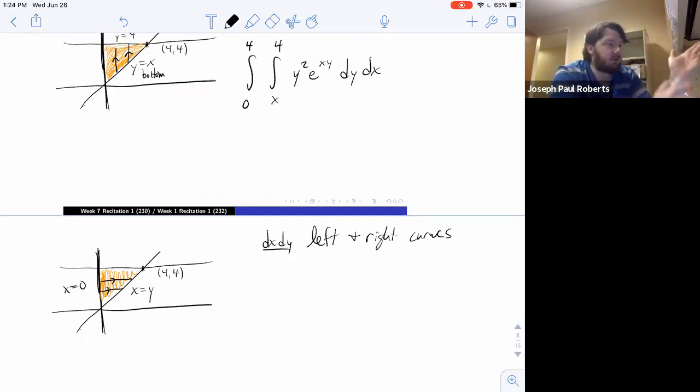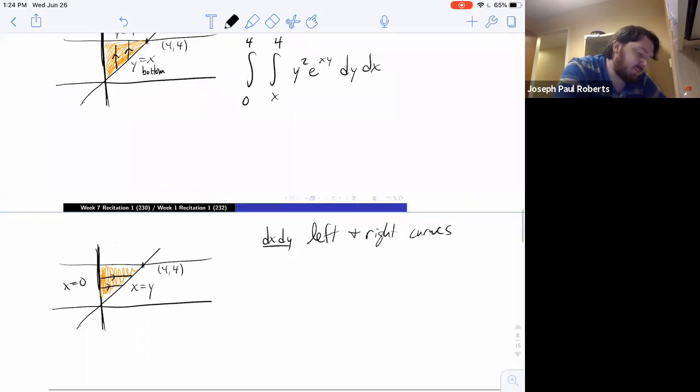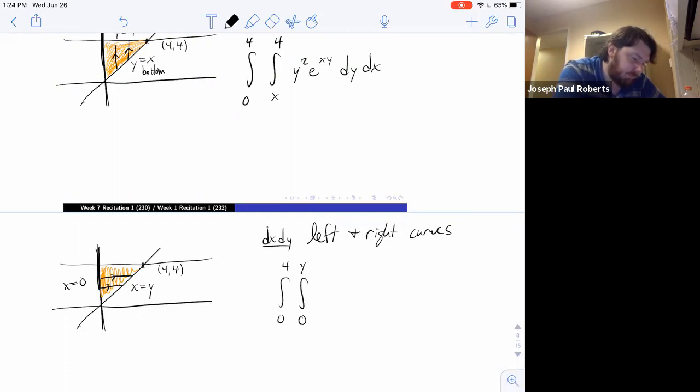Looks like our right curve is the line y equals x, which, remember, for dx dy, you have to have your curves in the form x in terms of y. Well, it's pretty easy. If y equals x, x equals y. And so it looks like our dx dy bounds are 0 to 4 for y, and then 0 to y for x.